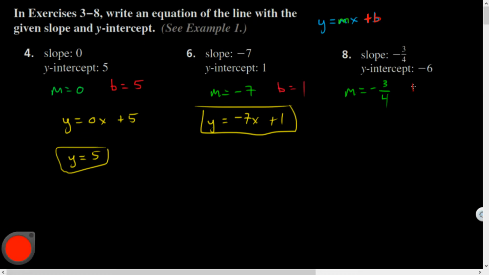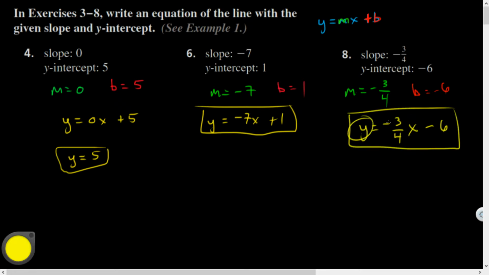And the y-intercept is -6, and then we plug it in to the slope-intercept form. So my equation is y equals -3/4 x minus 6. Now, someone I believe asked the other day, why do we leave these in terms of x and y?